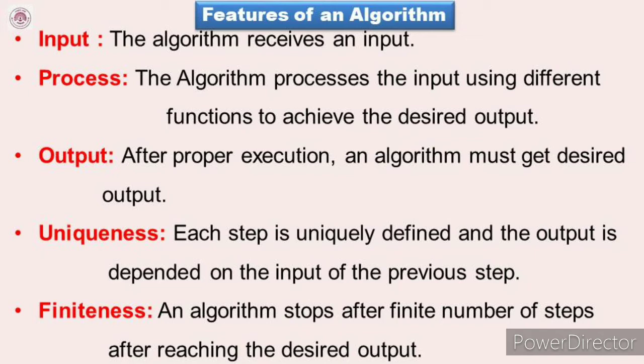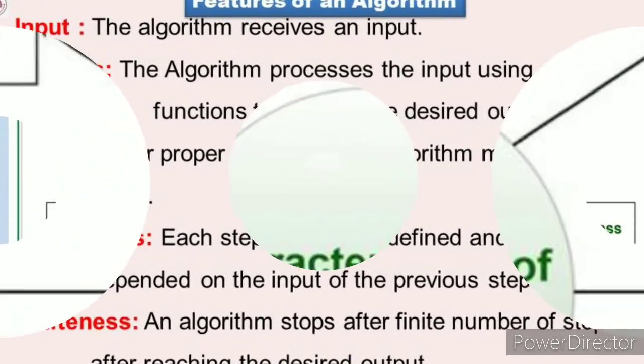Most of your games and some software suddenly hang in between. Now what does hang mean? They go into a loop and they never come out because those loops are infinite. So your algorithm should have the feature of being finite.